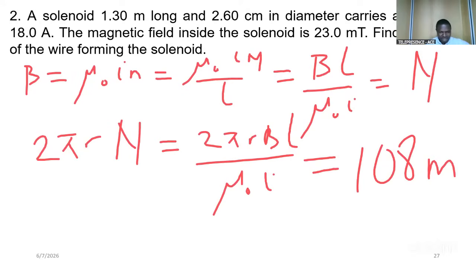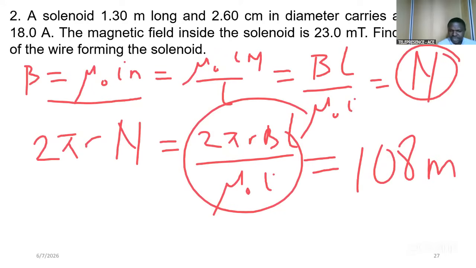That is, we have the magnetic field, and we remember the formula for the solenoid. From there, we make N the subject of the formula. Since it's in a circular form, that is 2 pi R N equal to this particular guy. So if we do the substitution, we got this one.